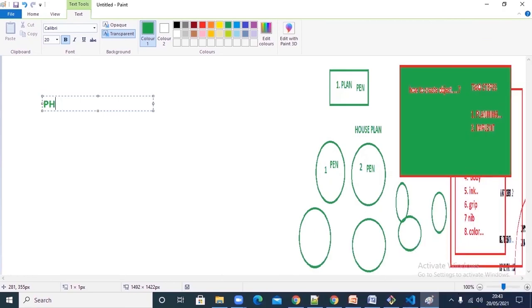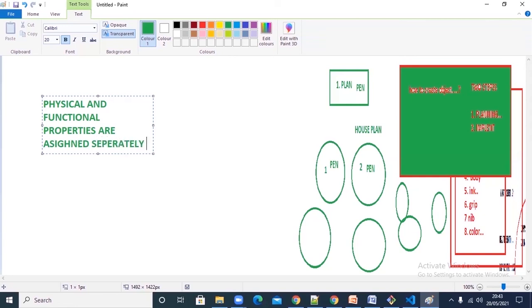So physical and functional resources or properties are assigned separately for each and every object. This is the most important statement.